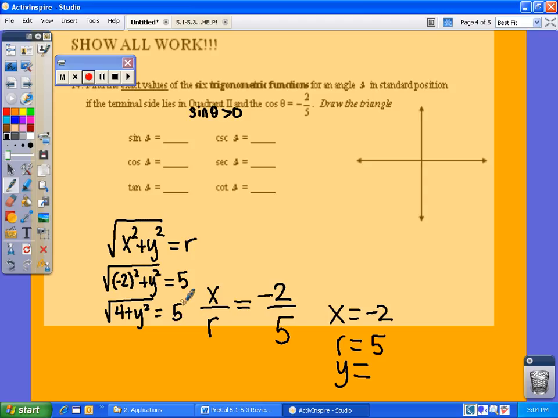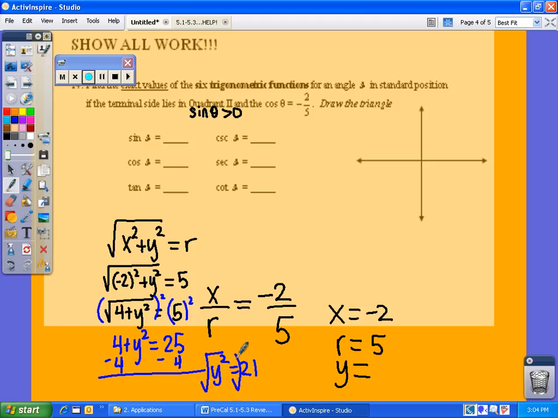So I have to actually square both sides so I can get rid of that square root. So I'm left with 4 plus y squared equals 25. Minus 4 from both sides. Y squared equals 21. Take the square root. Y is going to be equal to the square root of 21.